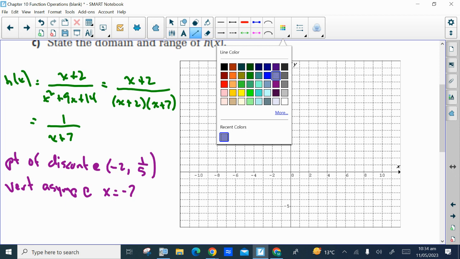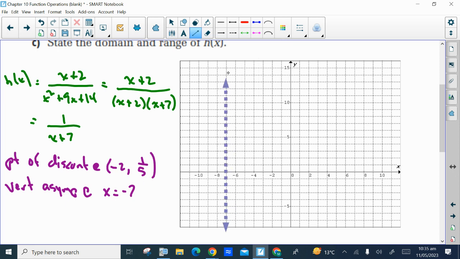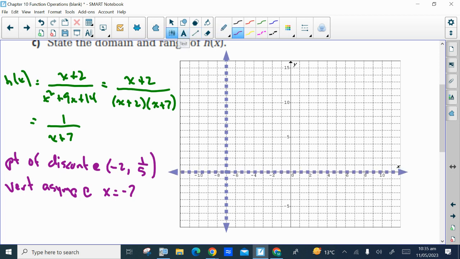So again, we have a vertical asymptote at negative 7, a horizontal asymptote along the x-axis where y is 0, and a point of discontinuity at the point negative 2 comma positive 1/5, so just above the x-axis.